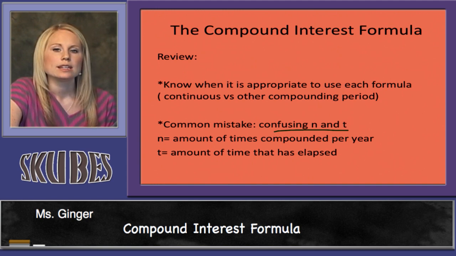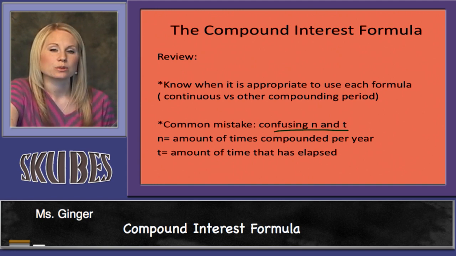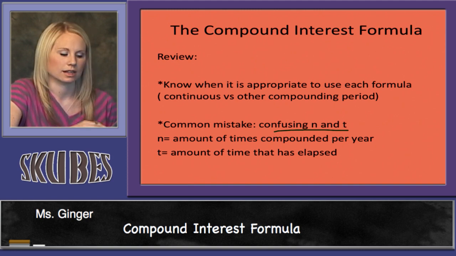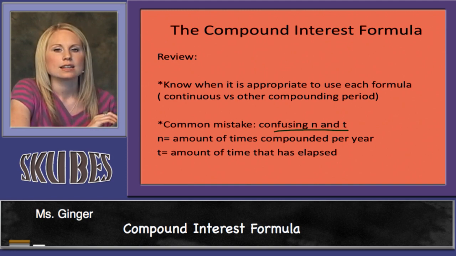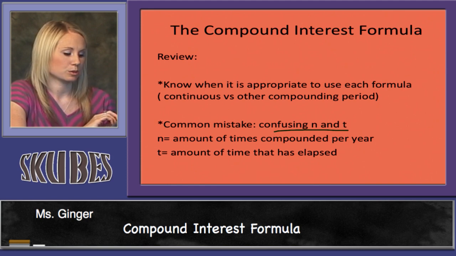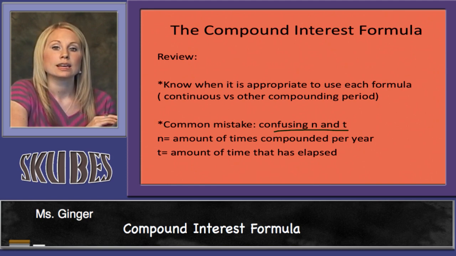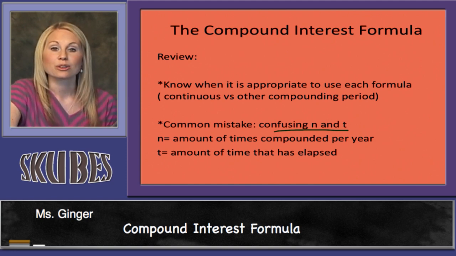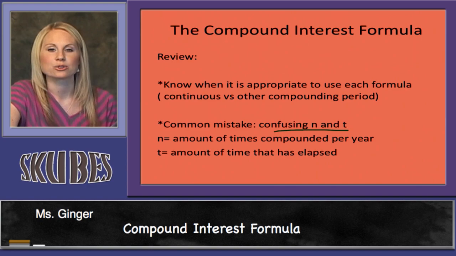Just remember, t is going to be your actual time that's passing, the actual time that you're letting the money sit in that account. And then n is the compounding period, the amount of times that it's being compounded per year. So just remember the difference between those two, and that n has actually 2 locations it needs to go in that original formula. So this is going to conclude our lesson on the compound interest formula.